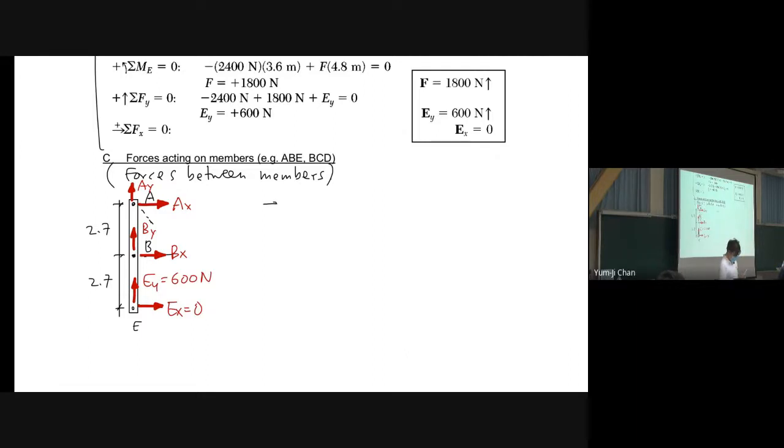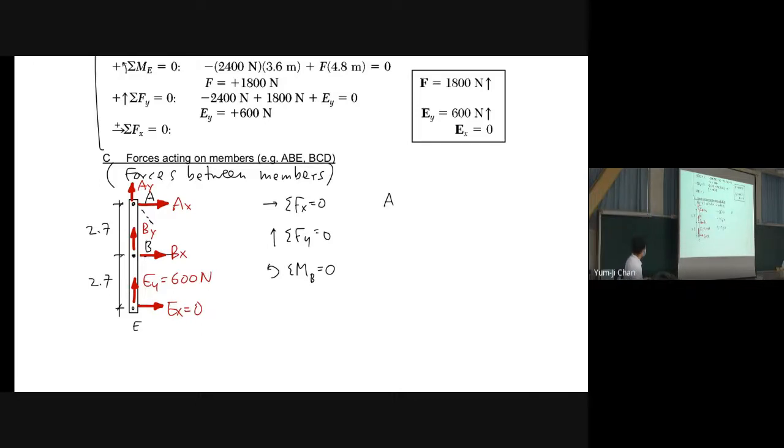So we have summation Fx equal to 0, summation Fy equal to 0, and let's say we use a point. Which point do we use? Let's say summation M about B equal to 0.